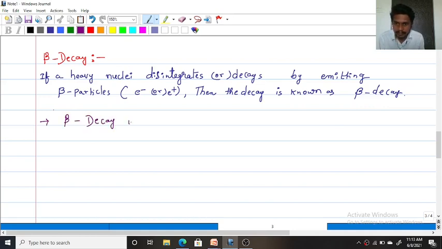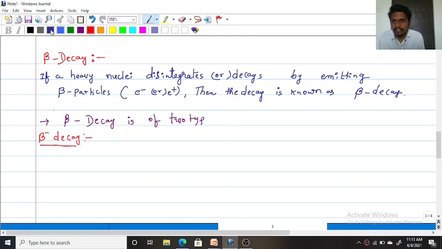Beta decay is of two types. One is beta plus decay. First I want to discuss beta minus decay. There are two types of decay, beta plus decay and beta minus decay.